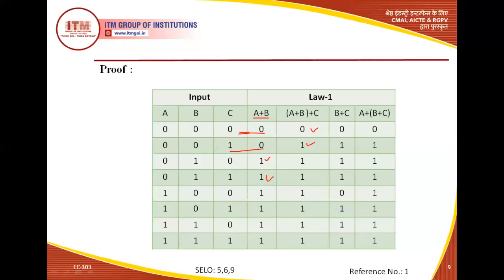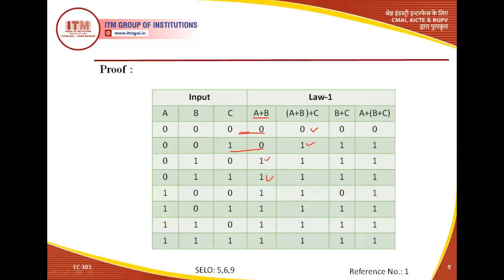In the case of the RHS side, we perform first B or C. So 0 or 0 is 0, 0 or 1 is 1, 1 or 0 is 1, 1 or 1 is 1, 0 0 0 1 1 1 0 1 1 1. Now we perform the operation with A, which gives the result 0, then 7 times 1.